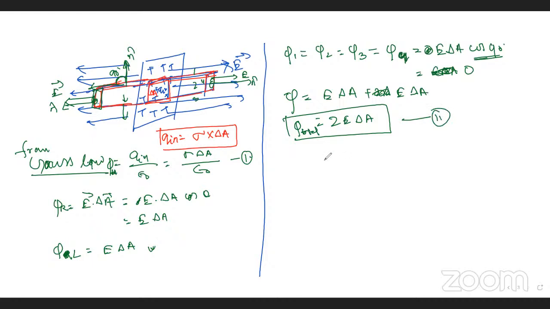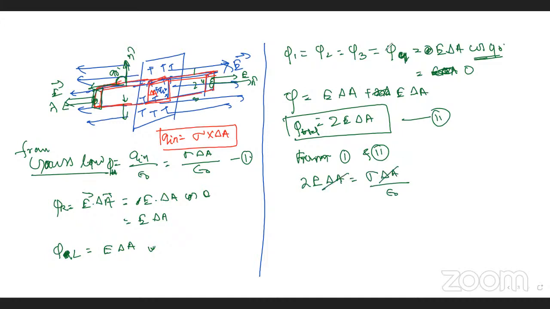So from equations 1 and 2, the left sides are equal, the same procedure will follow. So you can write 2E delta A equals sigma delta A by epsilon naught.